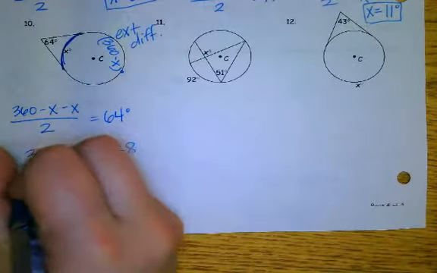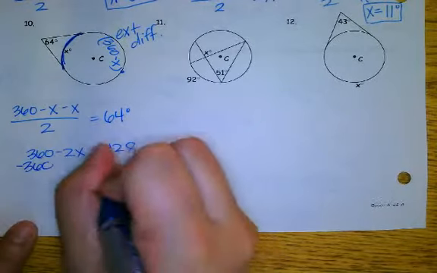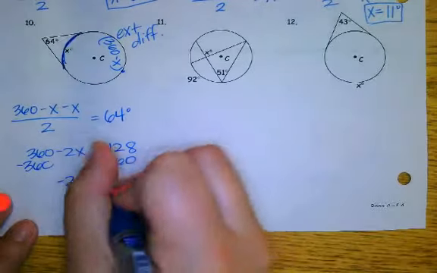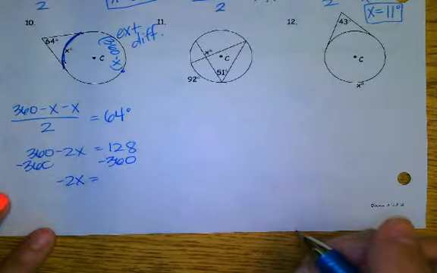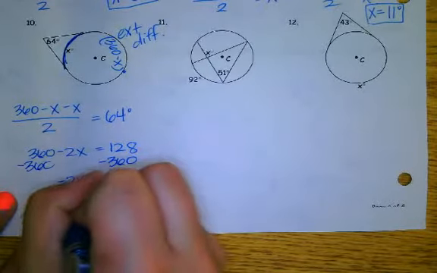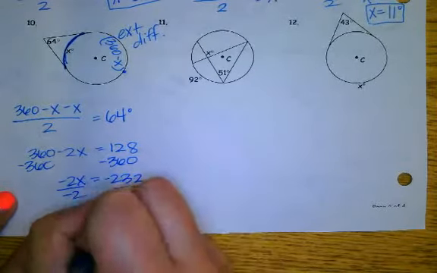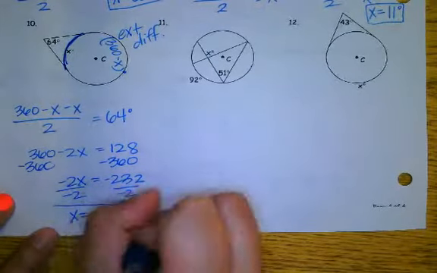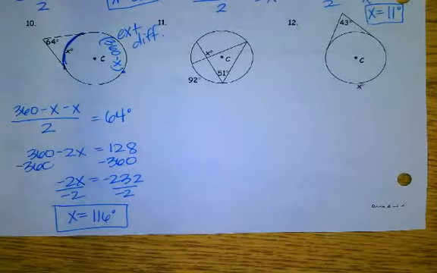Subtract 360. Negative x equals what? Negative 232. So what does x equal? Okay, that's a very important one.